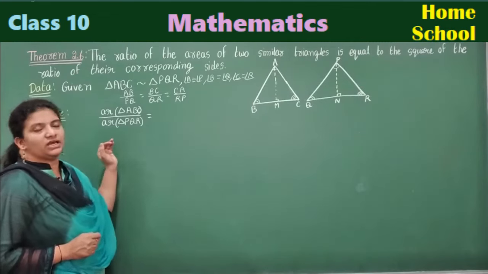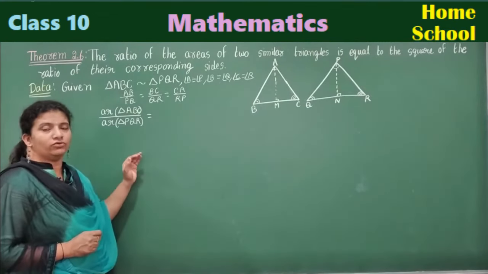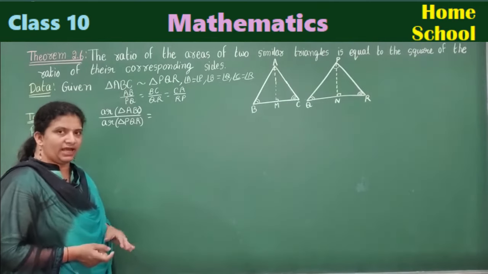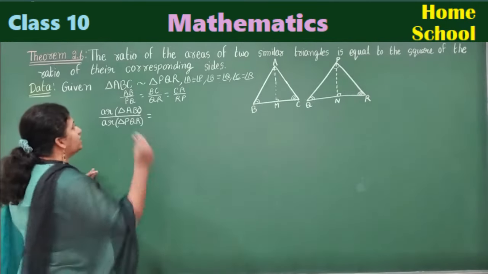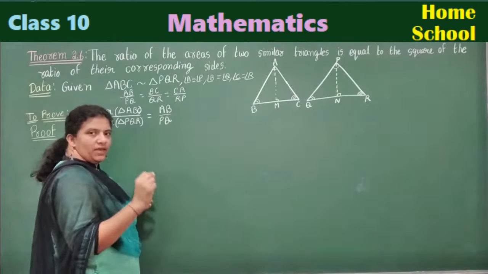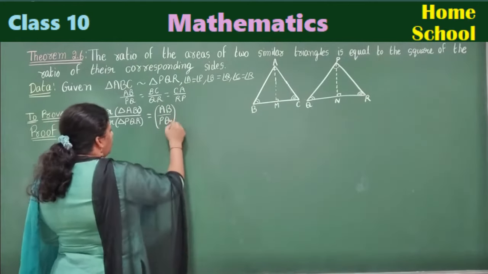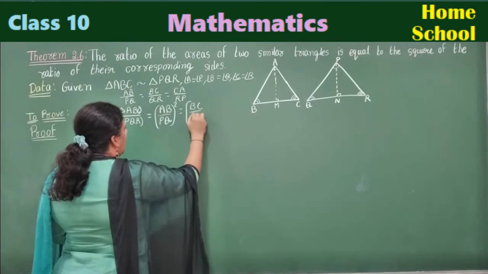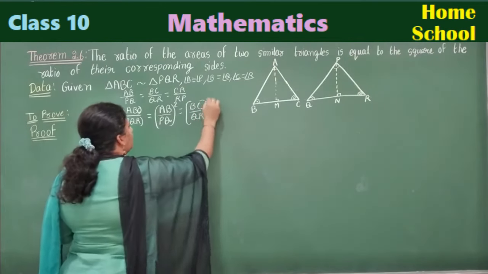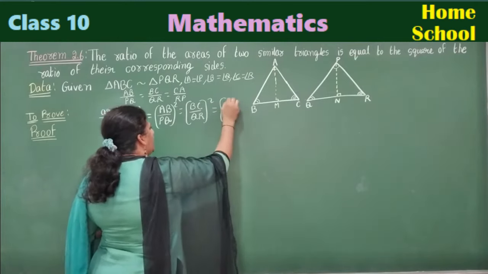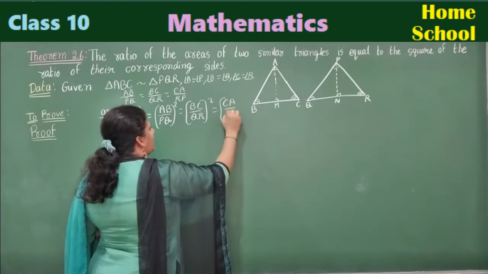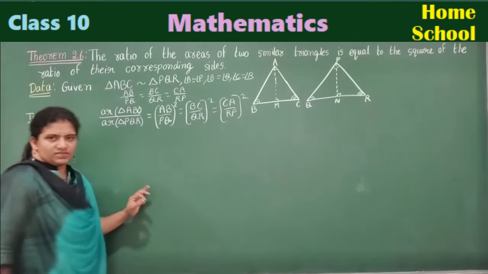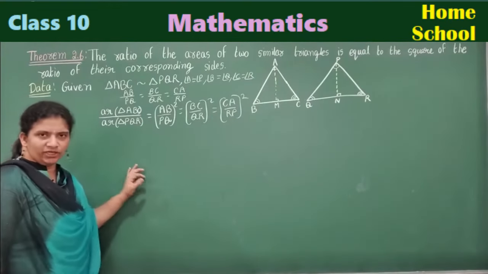So here to prove, I am going to give you the three ratios. What you want to prove, you can decide and prove as you wish, right? So let me write here. AB by PQ whole square is equal to BC by QR whole square is equal to CA by RP whole square.